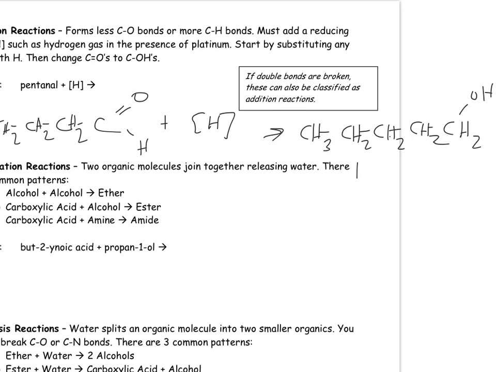This gives me my product pentan-1-ol. And if you reduce an aldehyde once, you end up with an alcohol.